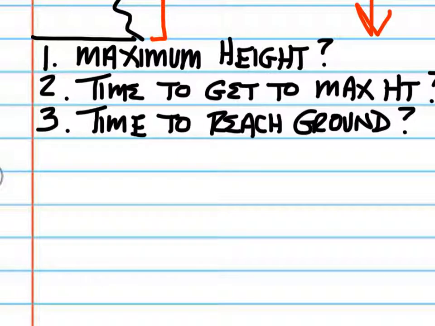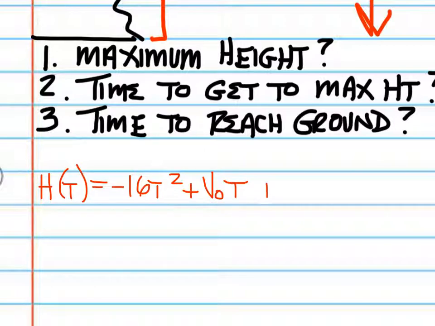Let's see if my marker's in the right shape. There we go. Your height as a function of time would be negative 16t squared plus your initial velocity times t plus your initial height. And plug in the information from the problem into the function.